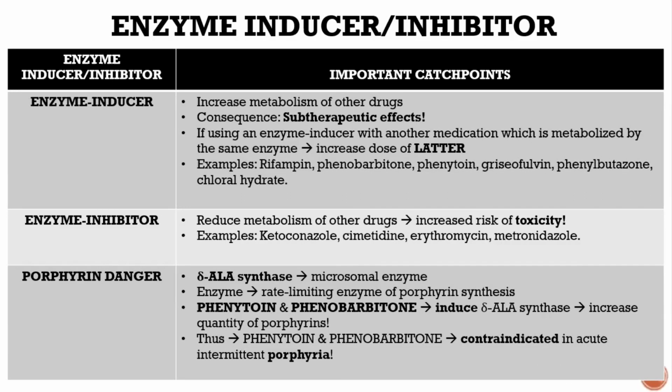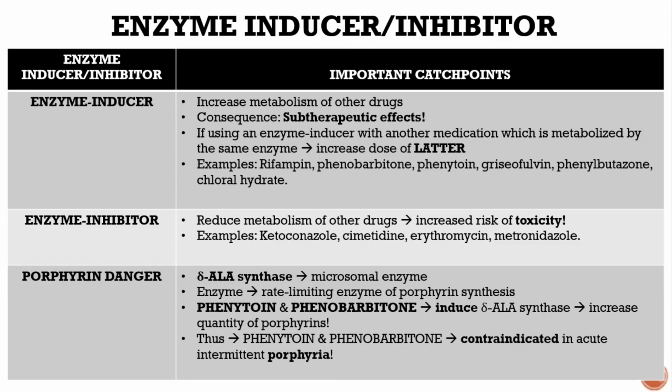It is a microsomal enzyme. And this enzyme actually increases porphyrins. So if you are taking phenytoin and phenobarbital, they increase the production of delta ALA synthase. So when ALA synthase increases, that means porphyrins will also increase.